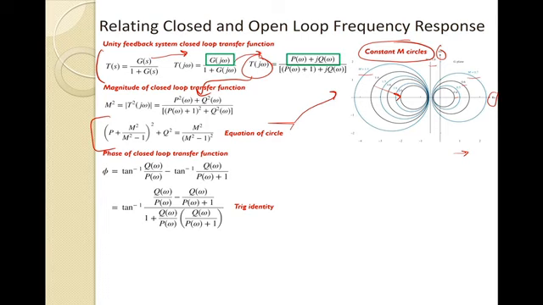So we can also do the exact same thing here for looking at the phase. And remember, the phase relationship is we take the imaginary part, which is Q, divided by the real part, which is P. Now notice, because we have both a numerator and a denominator here, first, this is the numerator term, the inverse tangent of the imaginary over real.